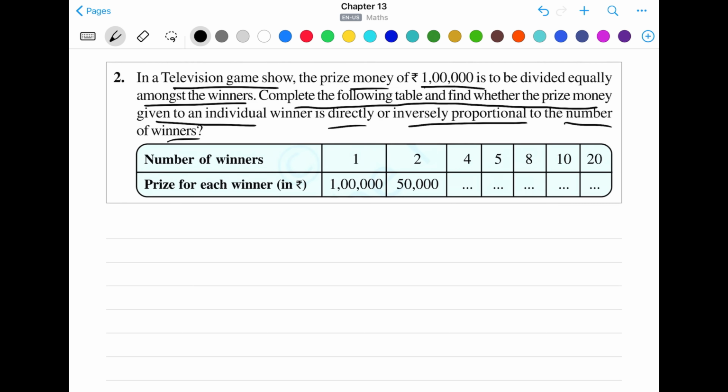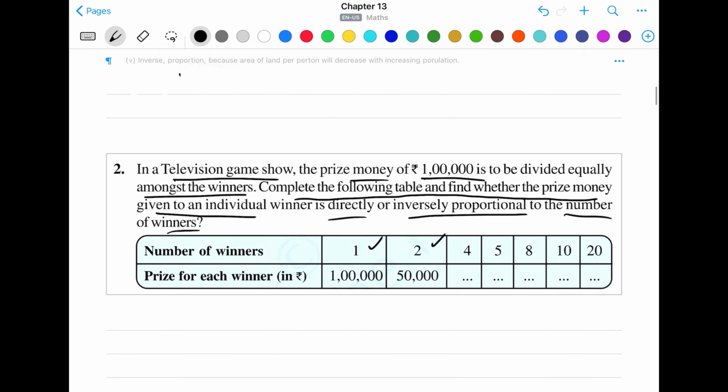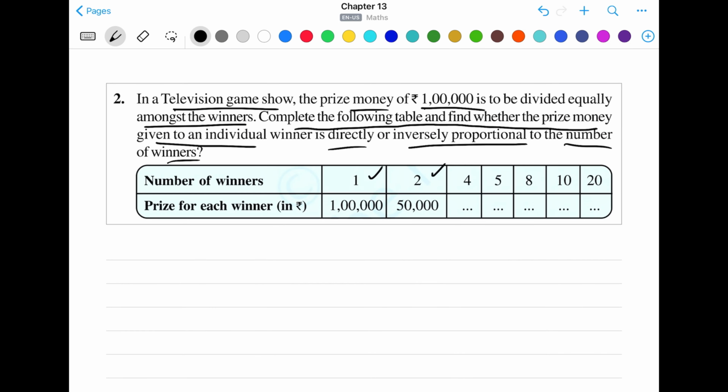This simply means the prize money is fixed, which is 1 lakh. If there is only one winner, he will get the entire money, that is 1 lakh rupees, as given here. If there are two winners, the 1 lakh will be divided among the two, that means each will get 50,000.